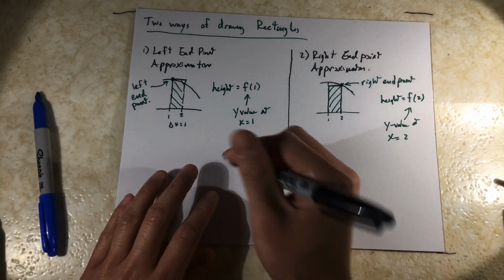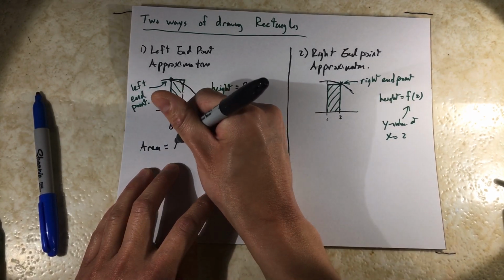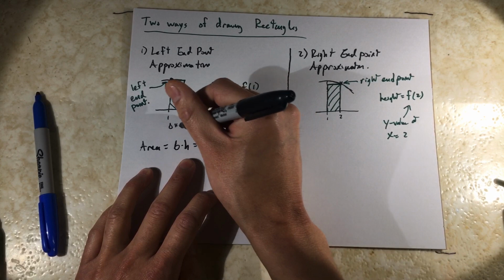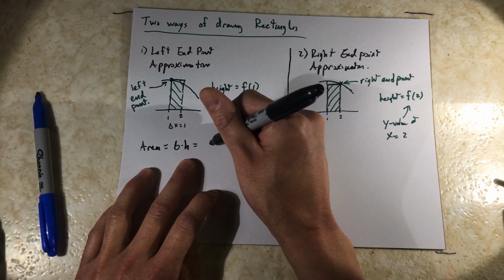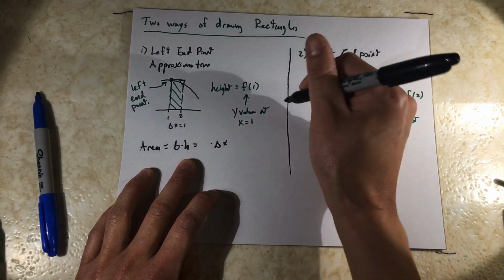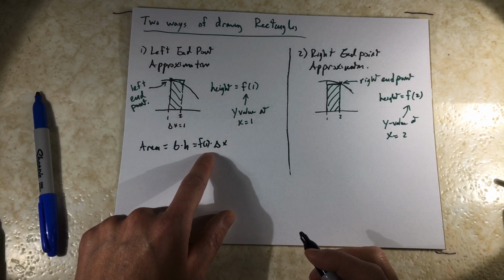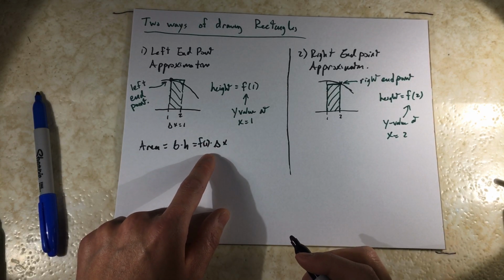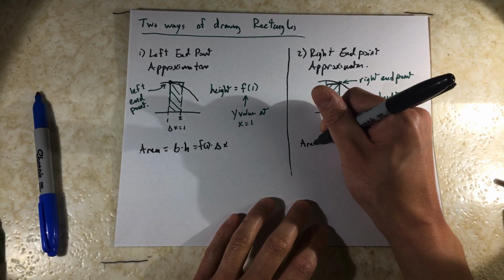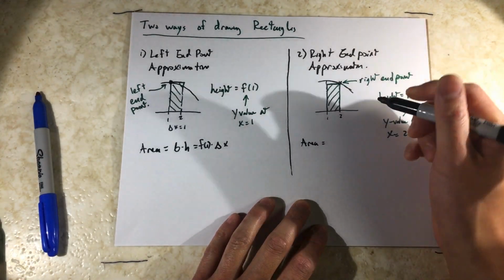Okay, so the area we know is just the base times the height, right? Which in this case, the base is just delta x. So I'm going to put this in front, and the height is f of 1. All right, so that's going to be our equation for the area. It's the dimensions of this rectangle, right?